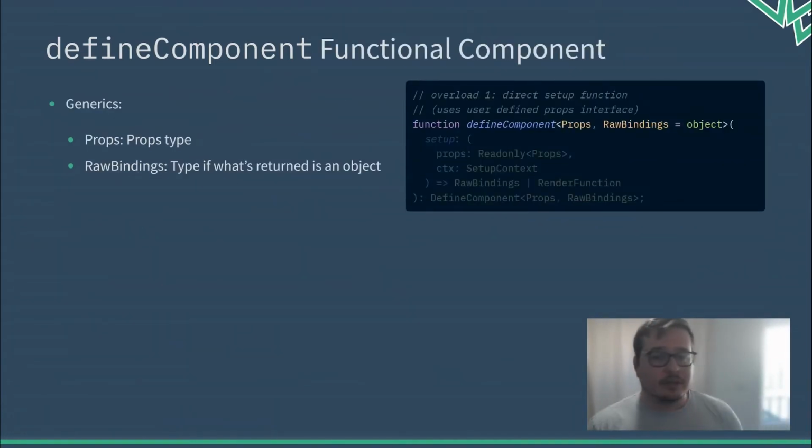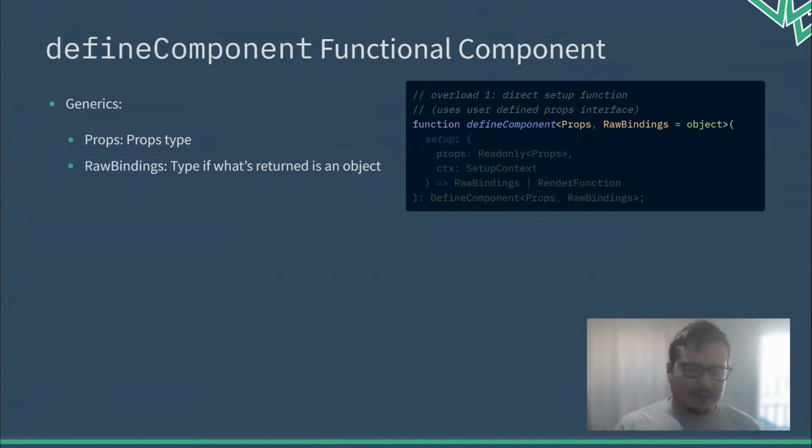And defineComponent for the functional component. This is basically the function that we use for the functional component. On the right, I cut some generics out, but this is actually the TypeScript implementation of it.